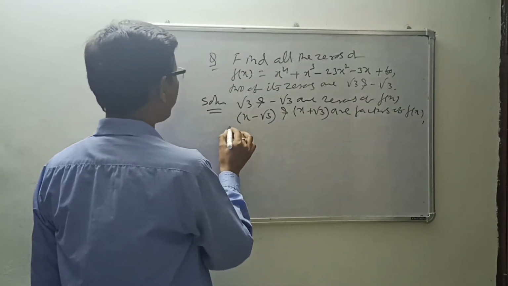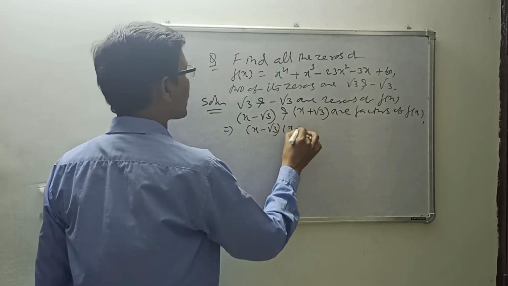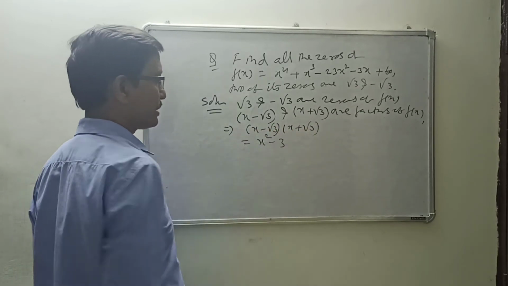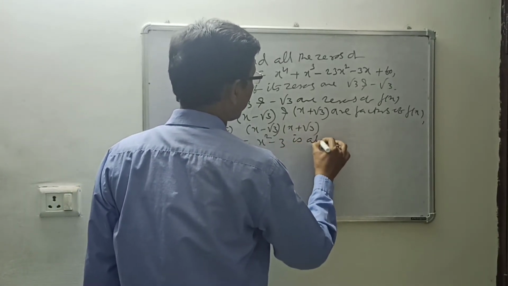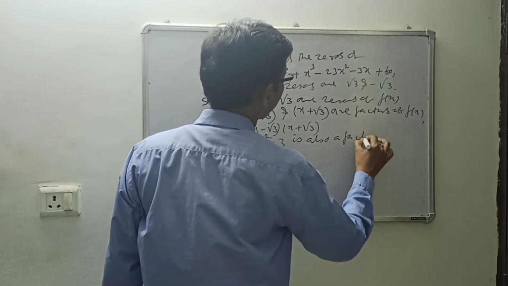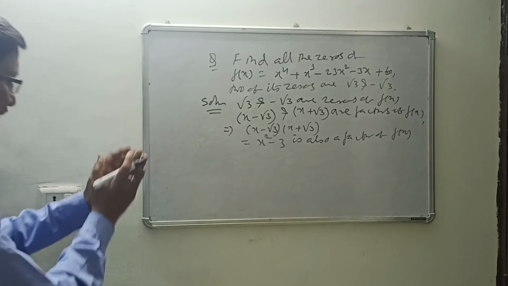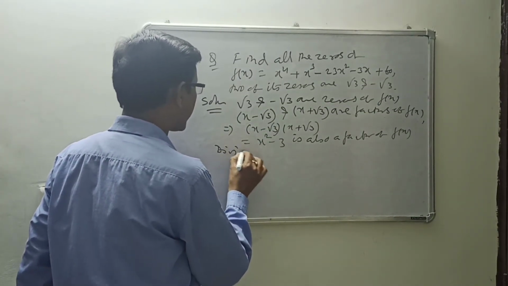So consequently, x minus root 3 into x plus root 3, that is a minus b into a plus b, a square minus b square, x square minus 3 is also a factor of f(x). Since it is a factor of f(x), dividing, you will get the other factor.